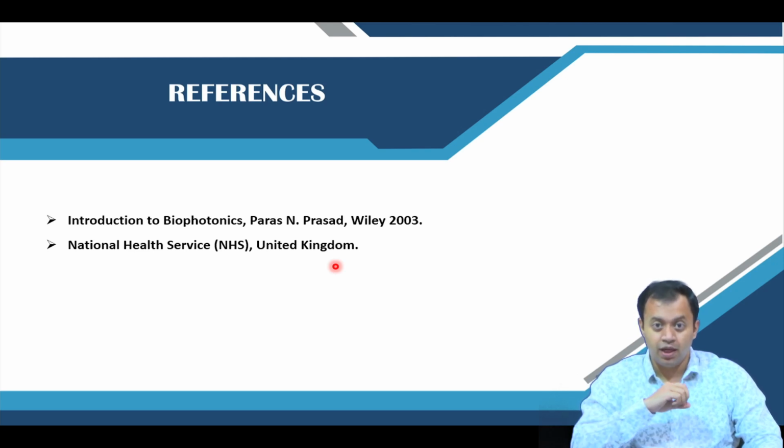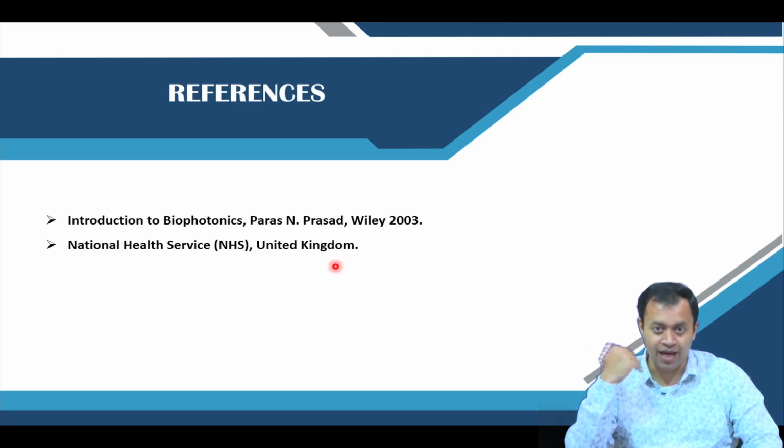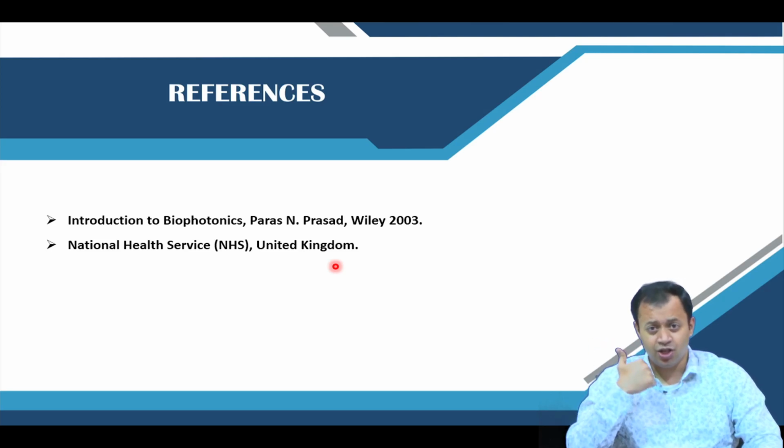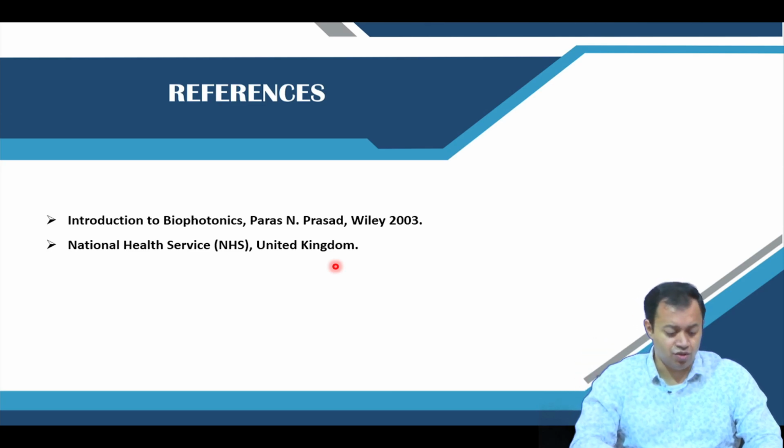Wikipedia can be unauthenticated, anyone can edit it, not the National Health Service. The National Health Service is the standard version. If I have to look for something medically relevant and standard, it is either the National Institutes of Health, NIH, United States, or NHS, United Kingdom.